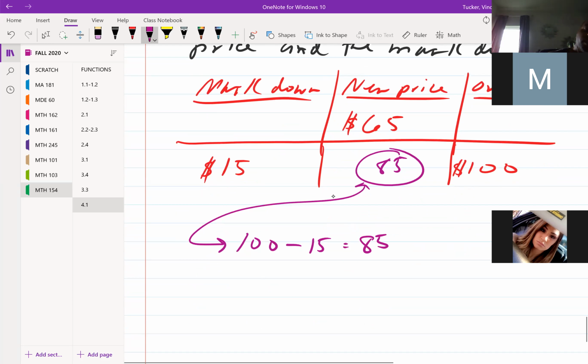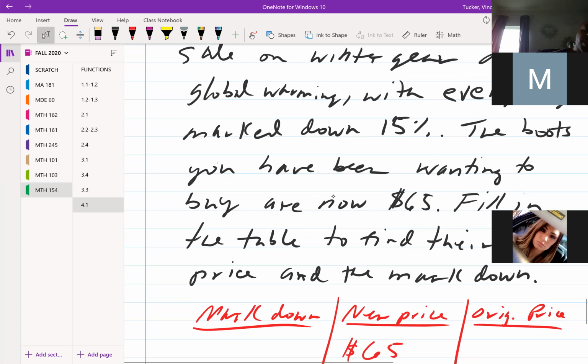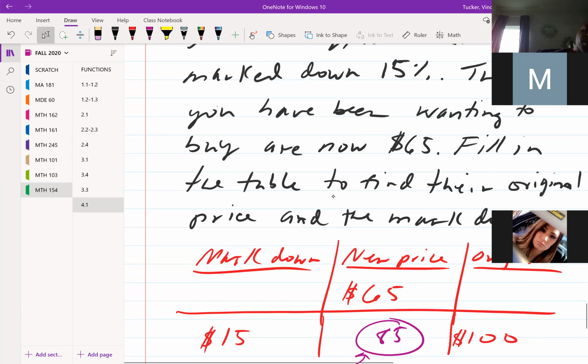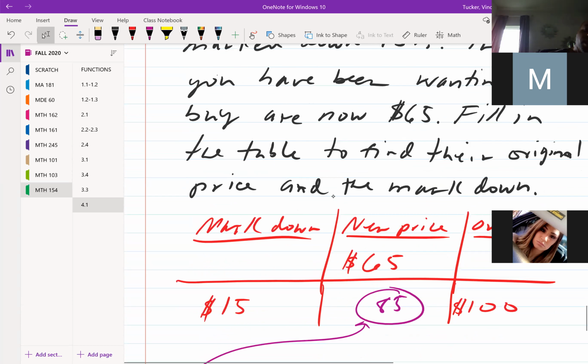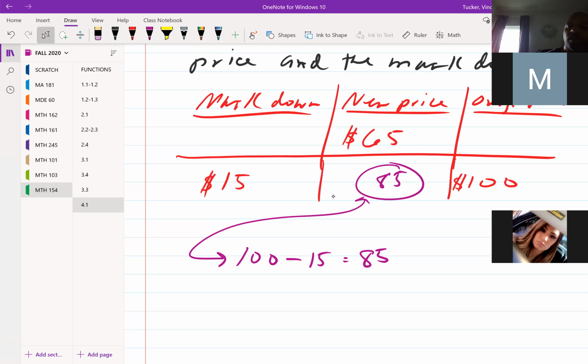And, hold on, what are we doing all this for? If everything's marked down 15%, the boots you have been wanting to buy are now $65. Why aren't we just multiplying times 0.15? Anyway, we'll see. Let's go. They just made this way harder than what it had to be. Okay, but anyway, that's how you find that middle column for your second row.